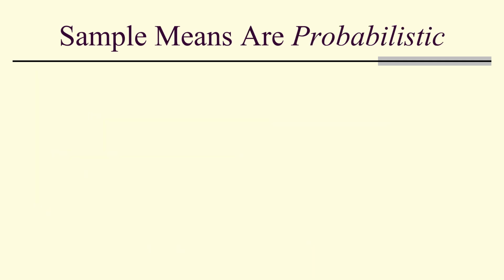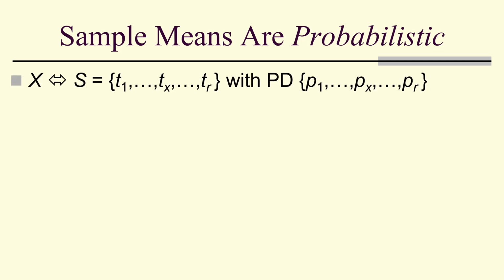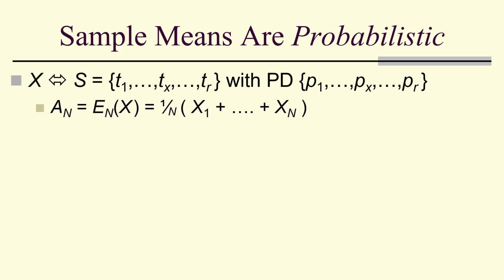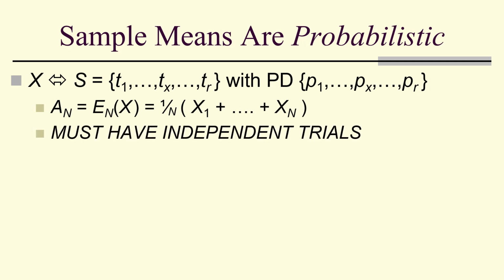In other words, sample means are probabilistic. So if we have X associated with S with this probability distribution, p1 to pr, there's our sample mean, and we have to have independent trials that we're summing over for the sample mean.